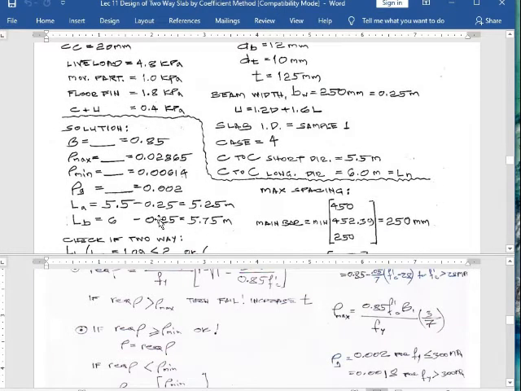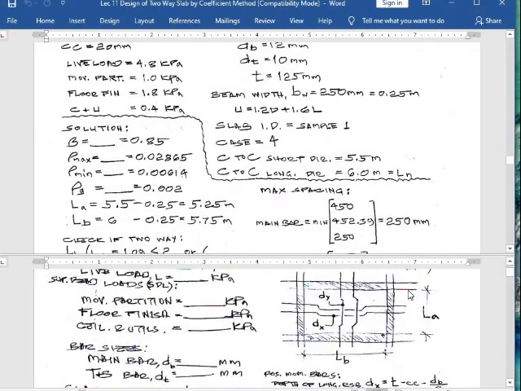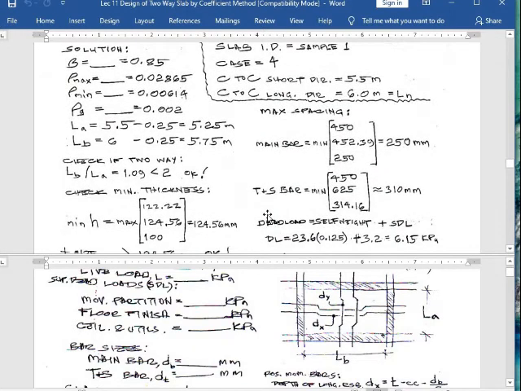And then, LA, yan naman yung unsupported length. Ito. Okay, so unsupported length or clear span. So, minus siya ng beam width. Sa LB naman, 5.75. So, that is 6 minus 0.25. And then, we will check if the slab is qualified for two-way.